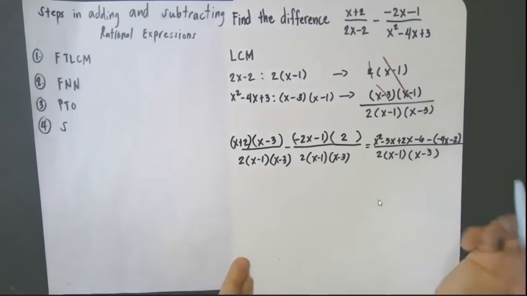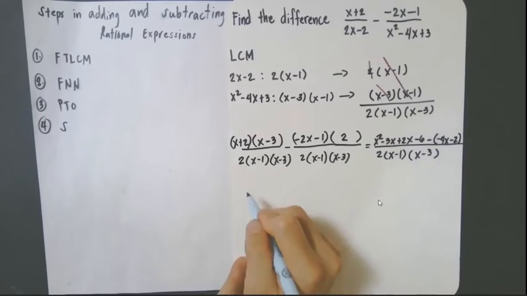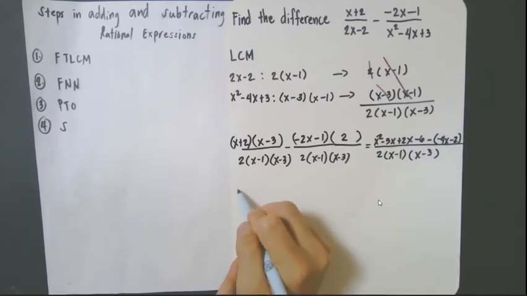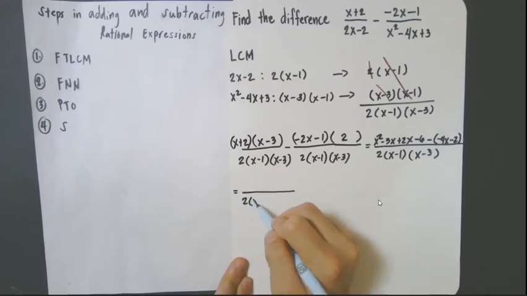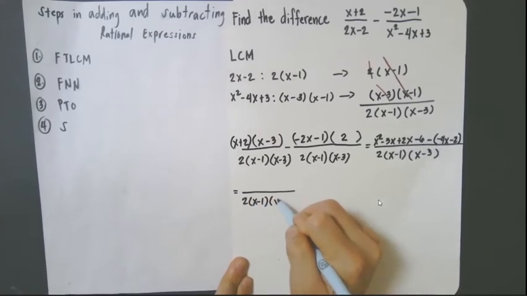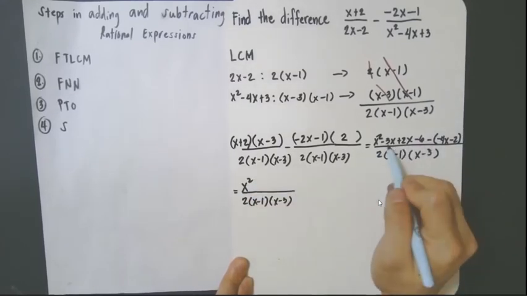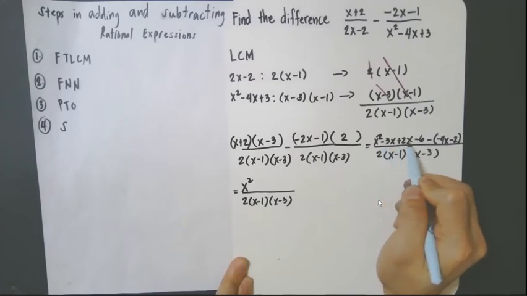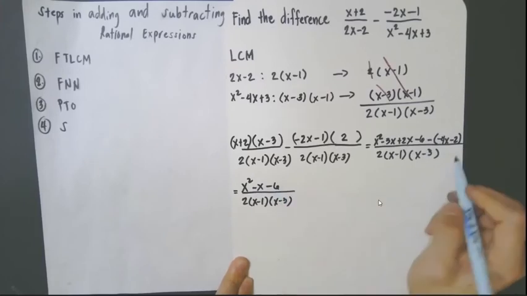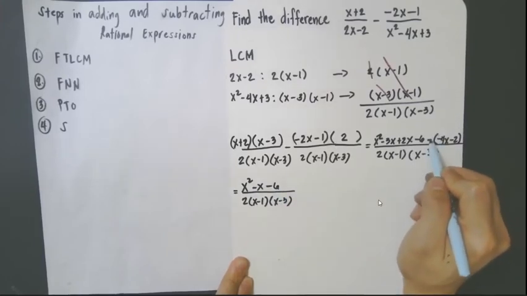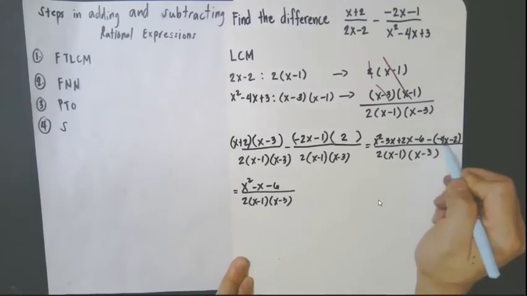Okay. Now I have a parenthesis in the numerator. So let me simplify that one first. So let me copy the denominator again. So we have 2 times x minus 1 times x minus 3, x squared. So here we can simplify here as well. Negative 3x plus 2x, that is negative x. Then minus 6. Negative, so we will distribute this negative to these two terms here, which is negative 4 and negative 2.